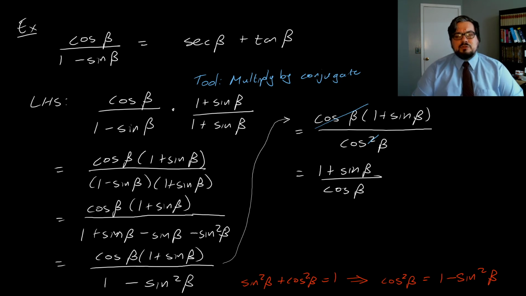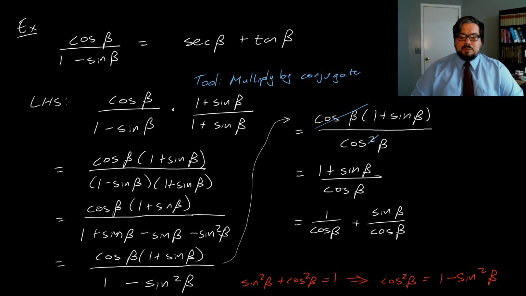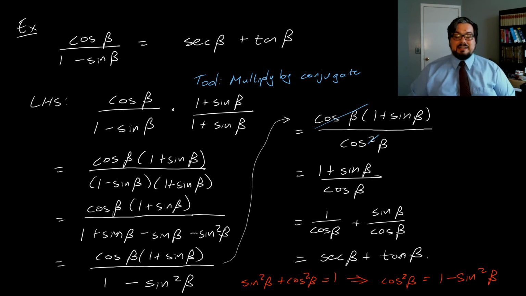We can see that we're trying to get an expression involving two terms, not just a single fraction, so we can try splitting up the fraction like we did before. 1 over cosine beta plus sine beta over cosine beta, which in fact is exactly secant beta plus tangent beta. And so we have verified the identity.